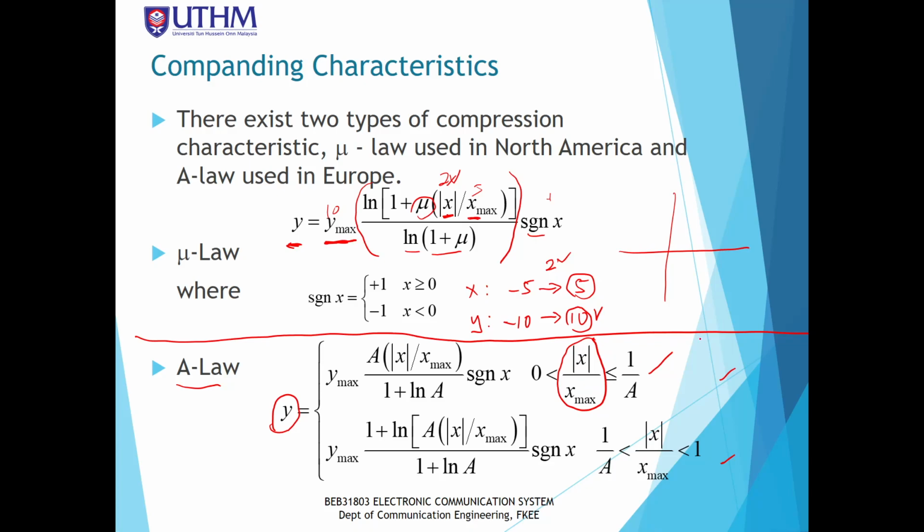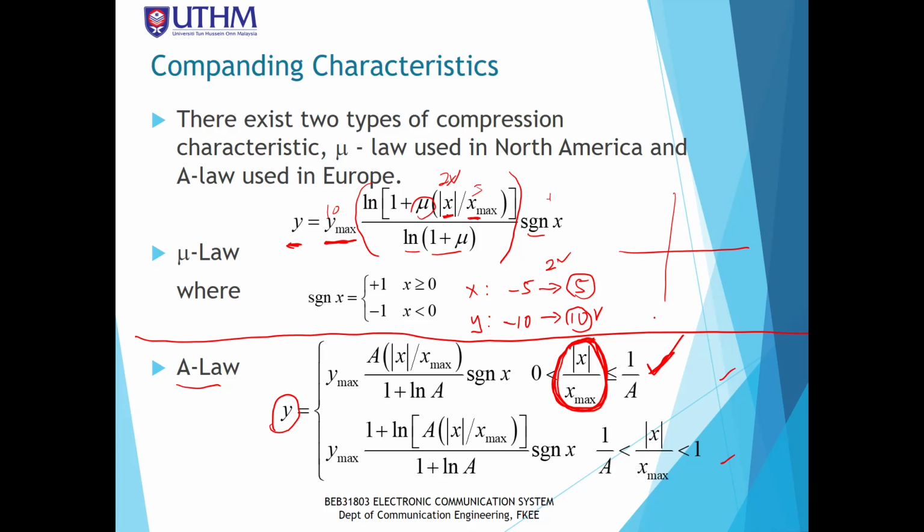So in order to find which equation we want to use, you need to do the ratio of x over x max. X is the input signal that we want to find the y value. X max is the maximum input. So if the value is less than or equal to 1 over A, you need to use the first equation.